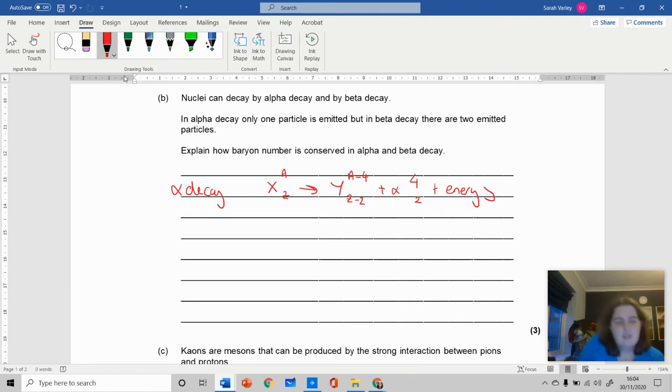Okay, so alpha decay, that's what's happening here, and it is the process where 2 protons and 2 neutrons are ejected from the atom.